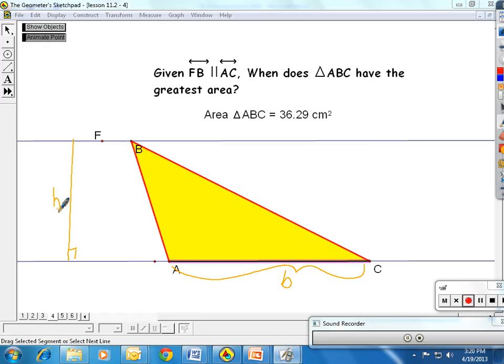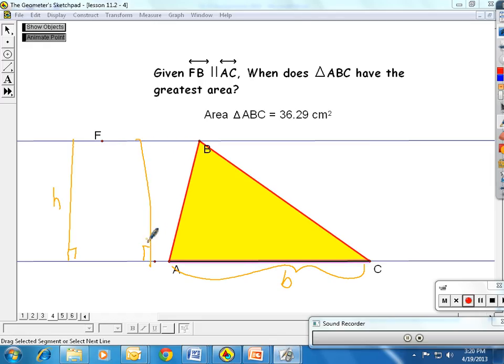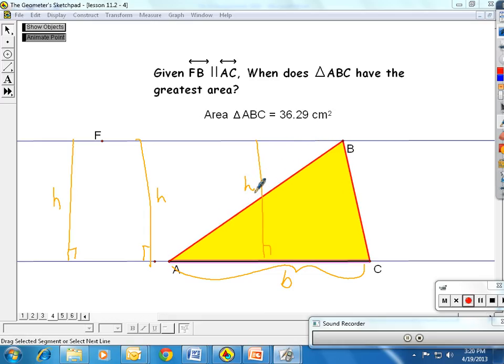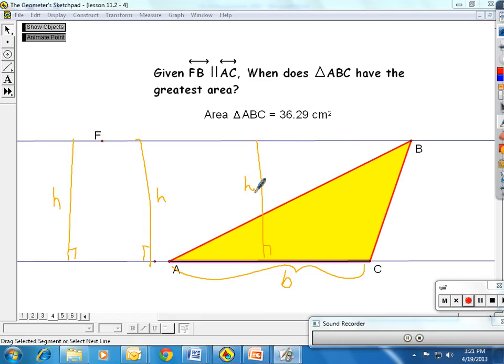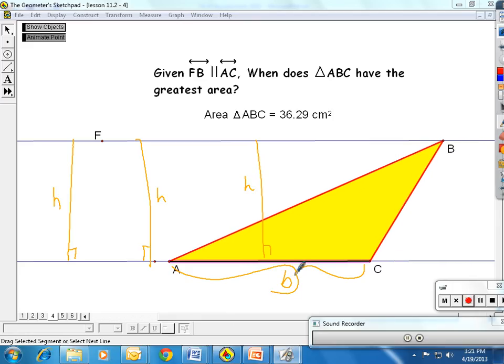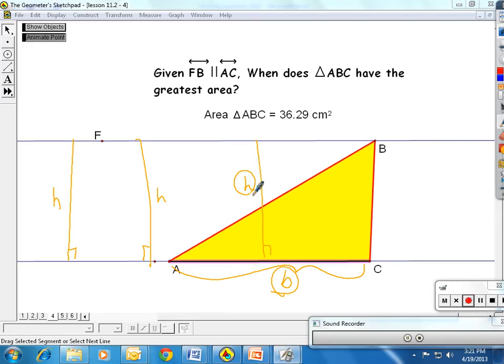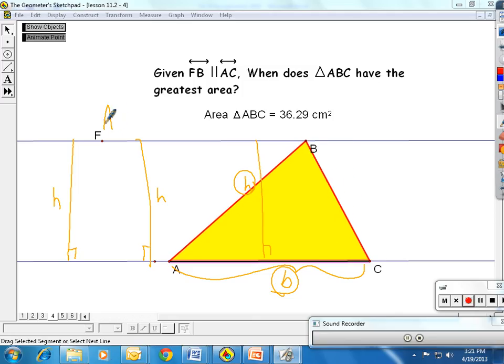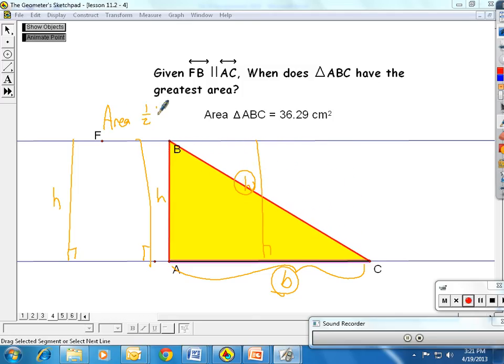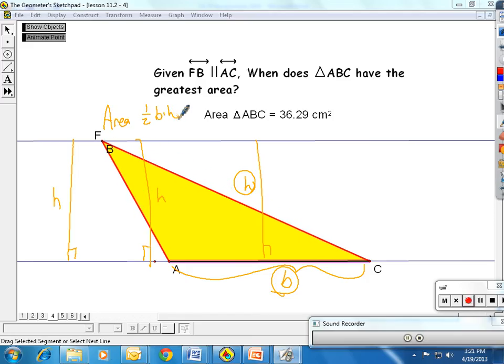Or right now, that's my height. Or right now, that's my height. And what's happening? Is that height changing? It is not. That height is remaining constant. We see that the base is held constant, the height is held constant, therefore the area, 1/2 base times height, is being held constant.